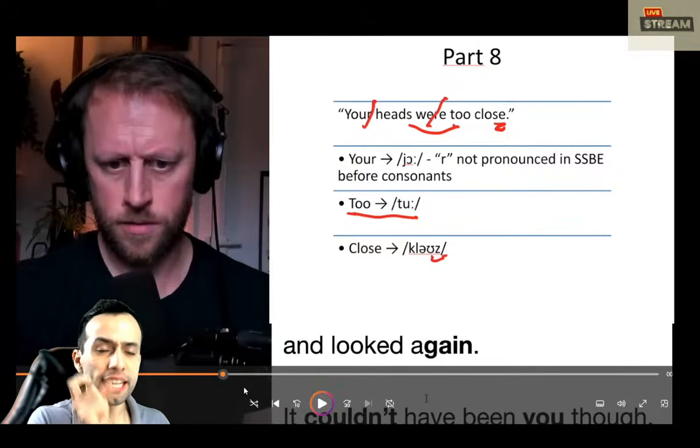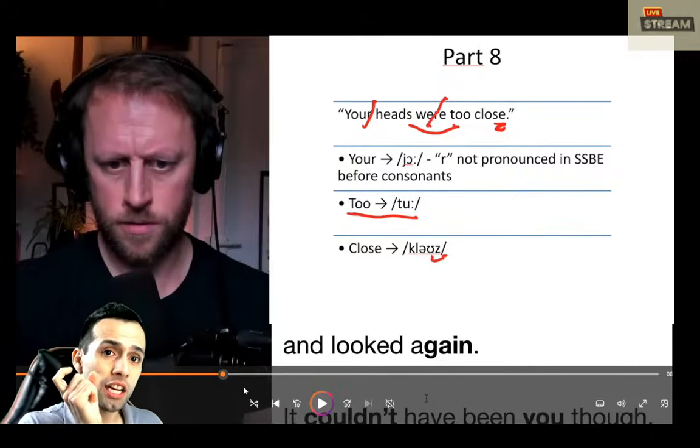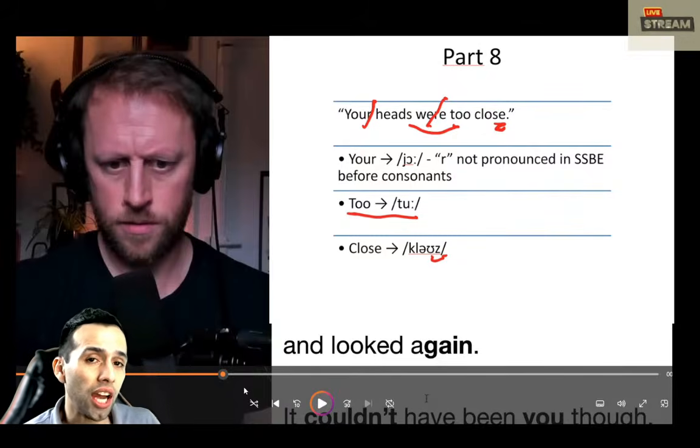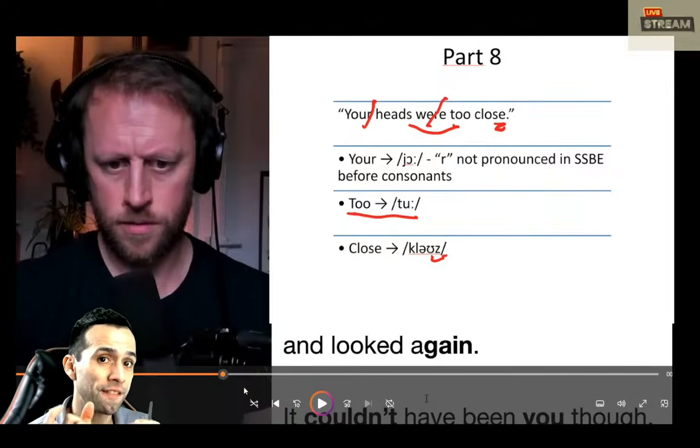But anyway, if we say looked again, looked ends in the consonant sound t, and the next word begins with a vowel sound, the vowel sound schwa.